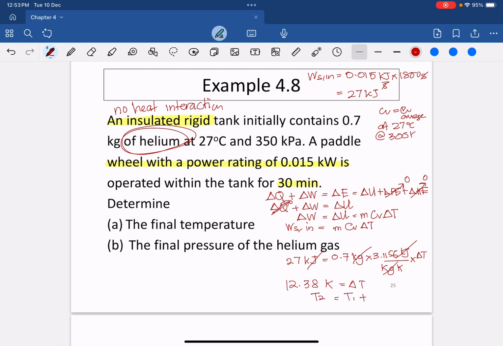Since the initial temperature is 27 degrees Celsius, T2 is T1 plus 12.38 degrees Celsius or Kelvin, because a difference in degrees Celsius is the same as a difference in Kelvin.